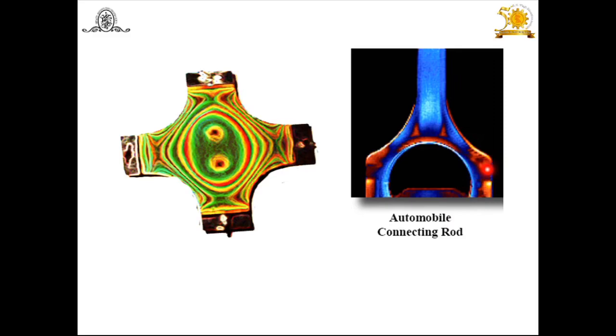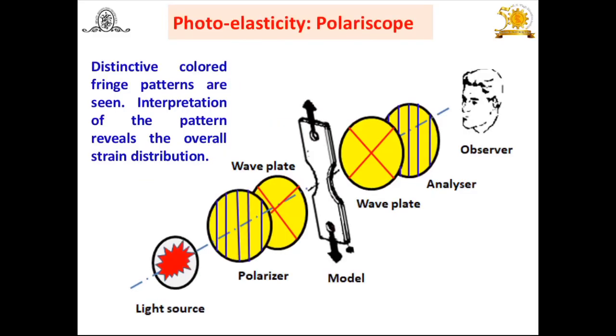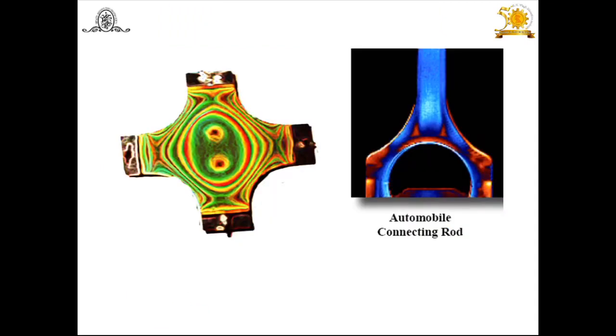This is about the automobile connecting rod, a laboratory method. Because of the changing cross section, what is the stress distribution or the strain pattern, the fringe pattern?